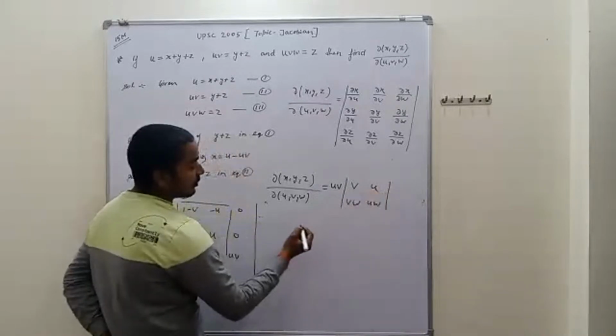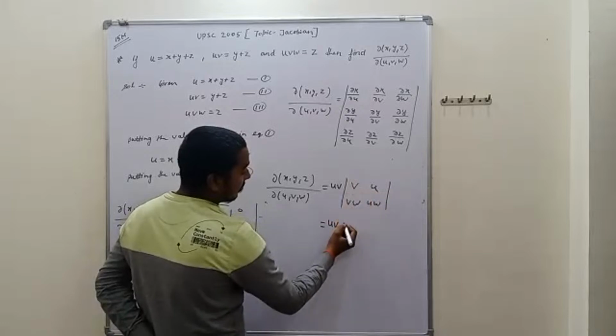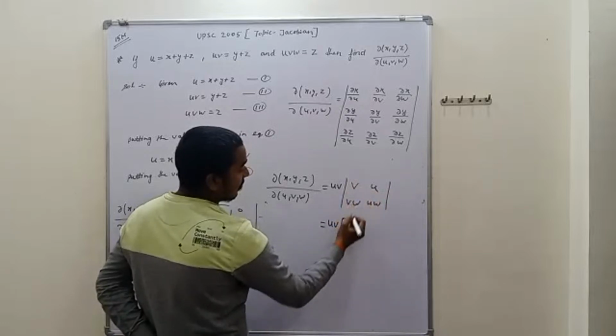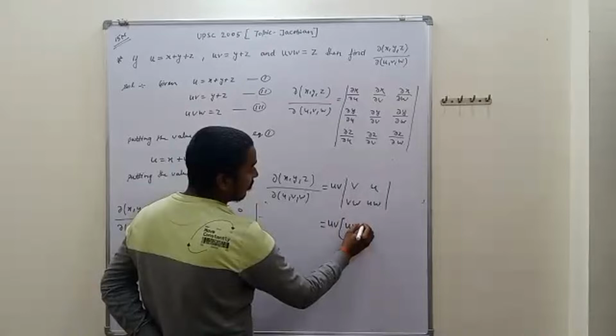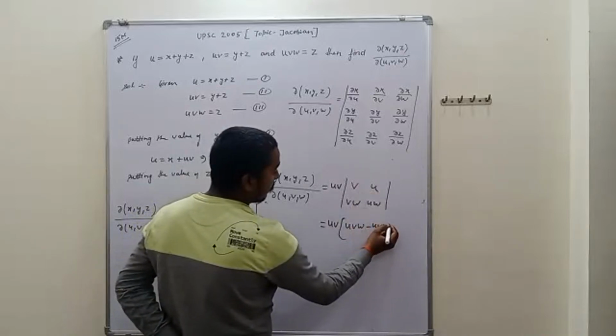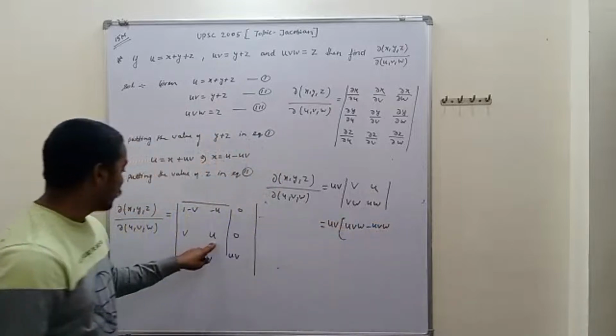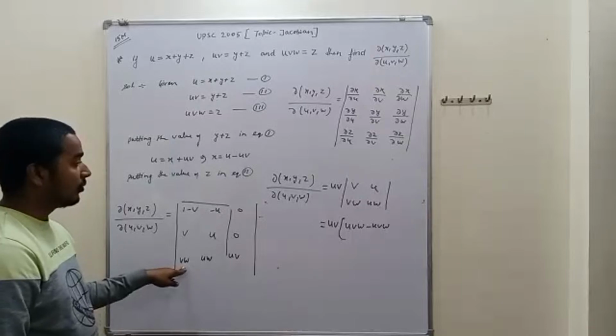Further we have to expand, that is UV and UVW and minus UVW, V, U, VW, UW.